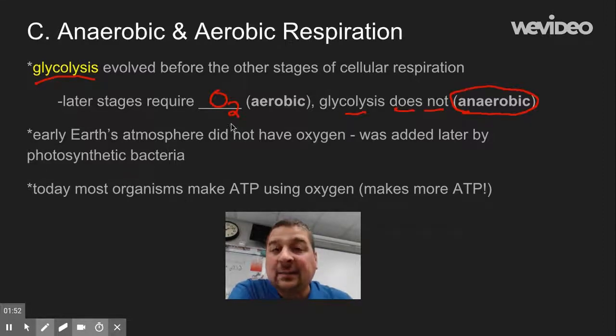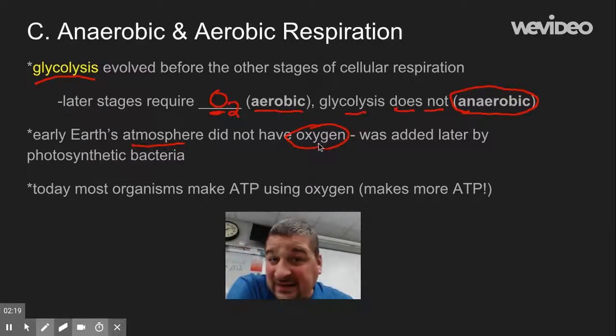Okay, these next couple steps we're going to talk about are the aerobic steps of cellular respiration, and they're going to require oxygen. So glycolysis is anaerobic, and then the next steps are aerobic. We think glycolysis happened first because the Earth's early atmosphere didn't have a lot of oxygen. It's a way that organisms got a little bit of ATP, a little bit of energy, out of the sugar molecules that they had.